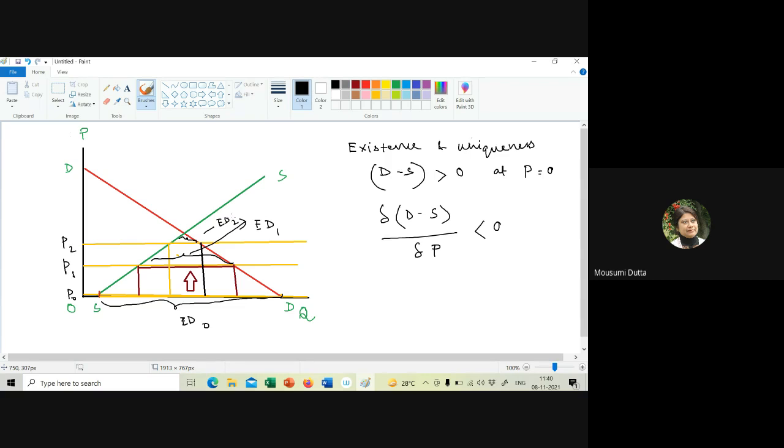Okay, so the meaning of D minus S greater than 0 is that at P equal to 0, there should be a positive ED.